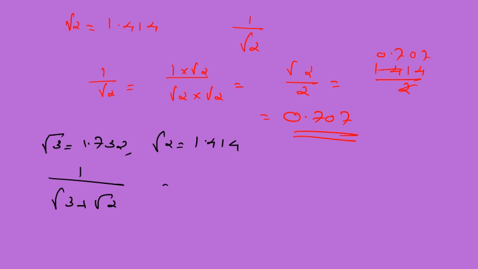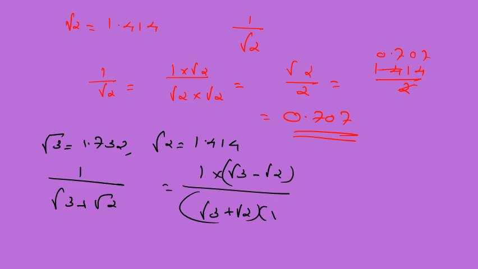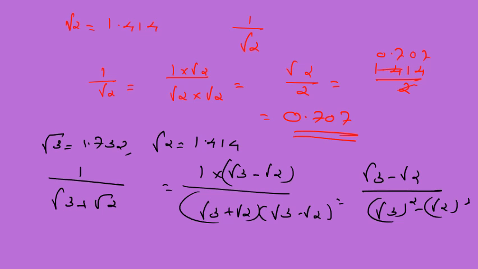So here, for 1 by root 3 plus root 2, what is the rationalization factor? So multiply root 3 minus root 2 in numerator and denominator. So root 3 minus root 2 by root 3 squared minus root 2 squared.